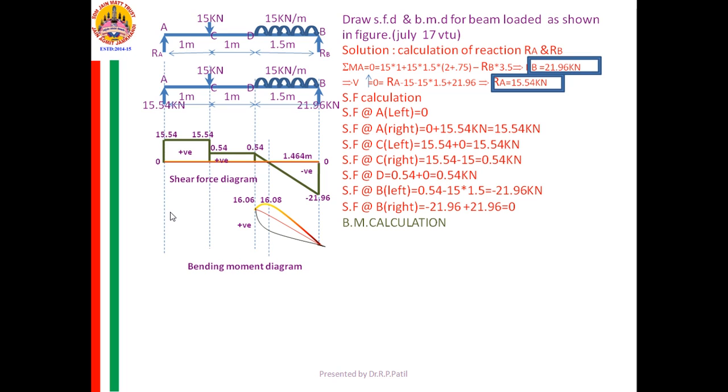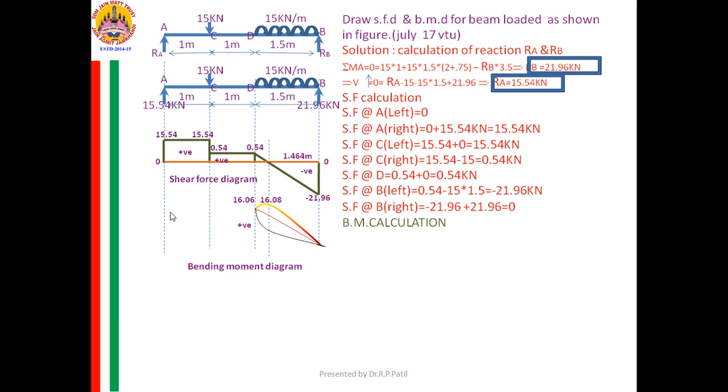That is why we only need to calculate the bending moment at A, at C, at D, at B. Whenever you are calculating bending moment, at every point you need to calculate it by considering one part, either the left part or the right part.